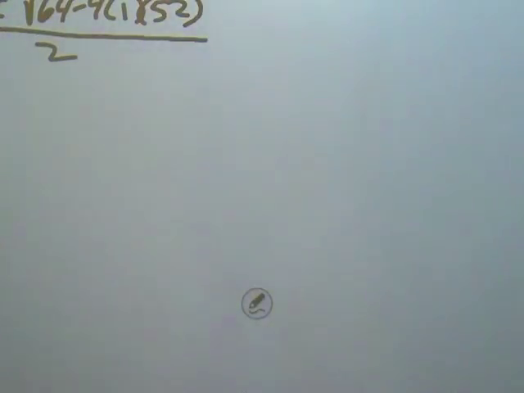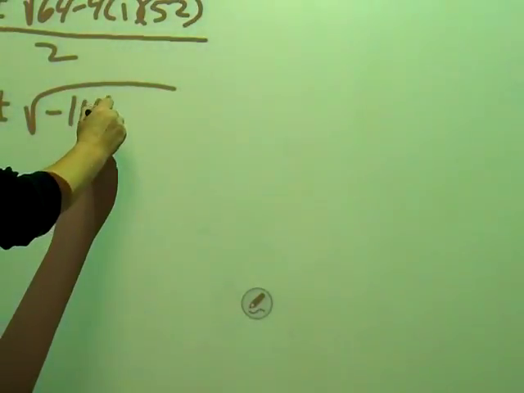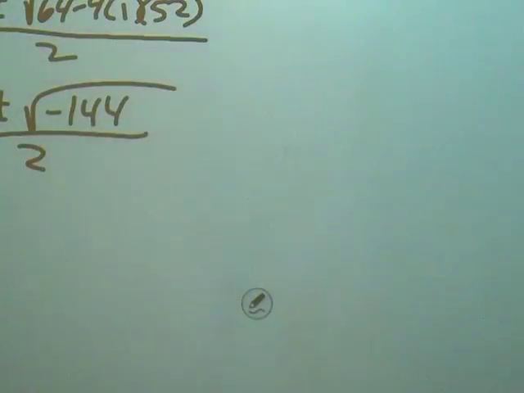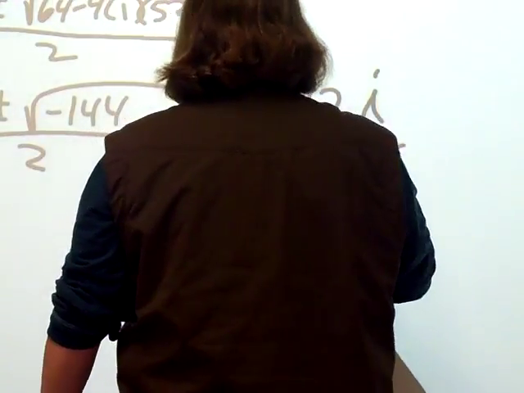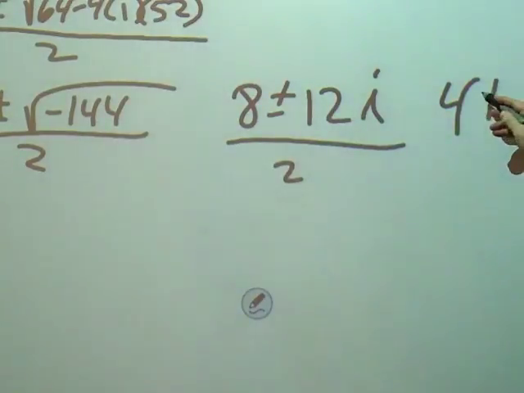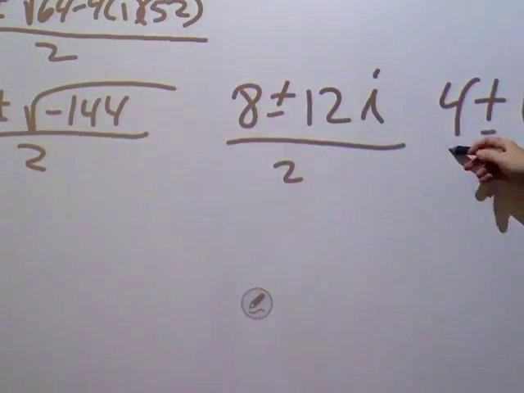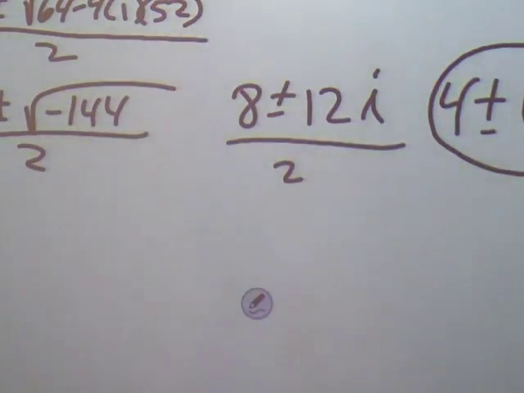Yeah, Michael can. Anyway, I ended up underneath the radical getting negative 144. 8 plus or minus the square root of negative 144 divided by 2. 144 is a perfect square. It's 12. Since you got a negative, it's 12i. So you got 8 plus or minus 12i divided by 2, which would be 4 plus or minus 6i. Doesn't matter.